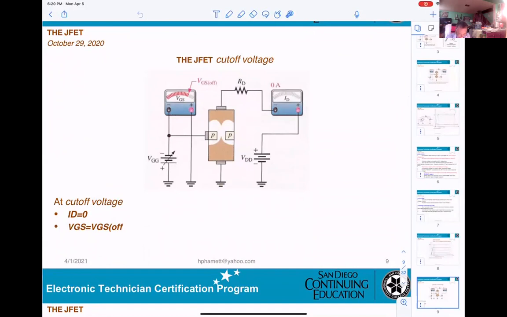V at the cutoff, okay, that means VGS at the cutoff, you don't have any more channel here to go. It will be closed. So no current flows. So remember, at cutoff voltage, ID equals 0. And VGS must be equal to VGS off. That's what they show you here.